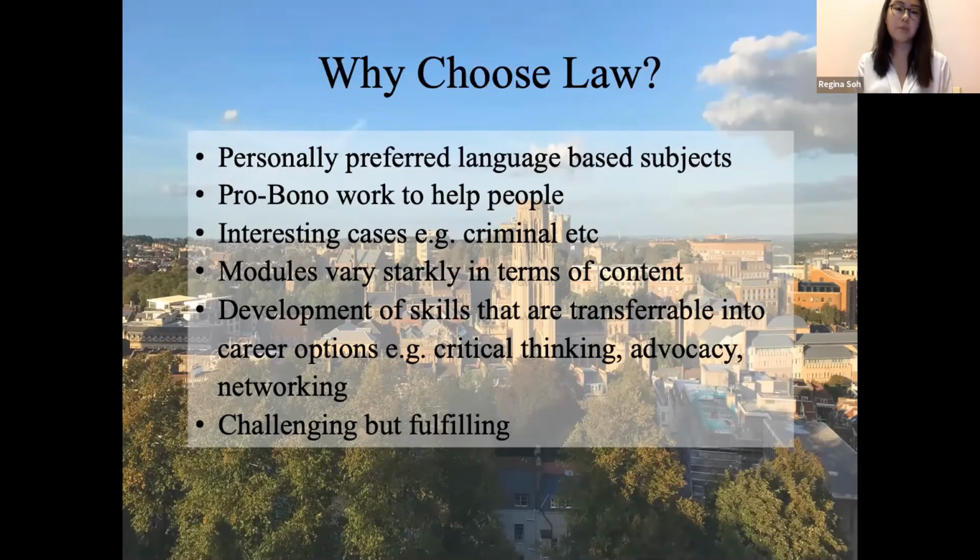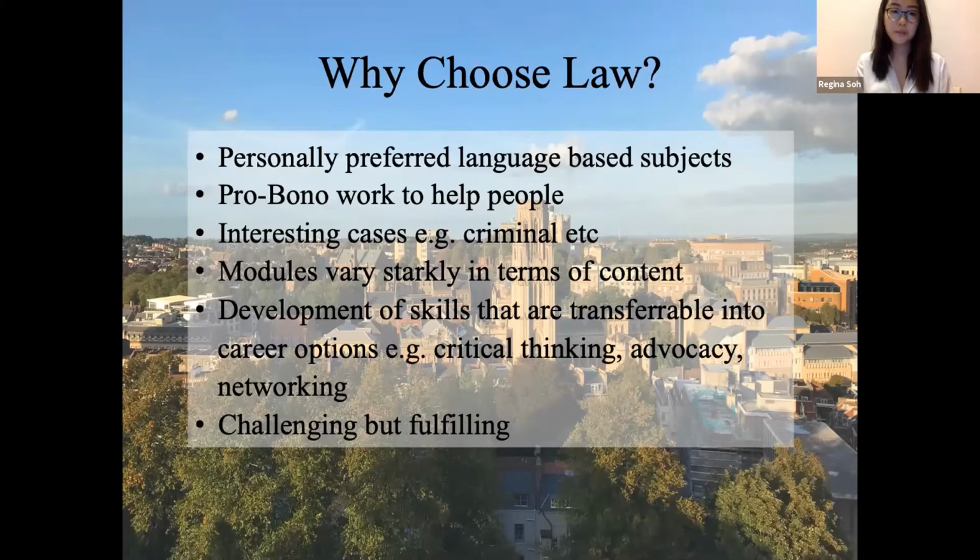But delving further, when I actually learned about law in my foundation and subsequently in Bristol, I found that I wanted to do pro bono work to help people. There are opportunities in Bristol, especially through the law clinic, to do pro bono work to help people. They're also very interesting cases, mostly criminal, but also a lot in tort law, which I'll take you through later.